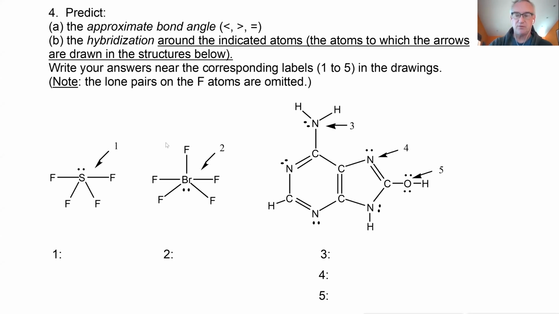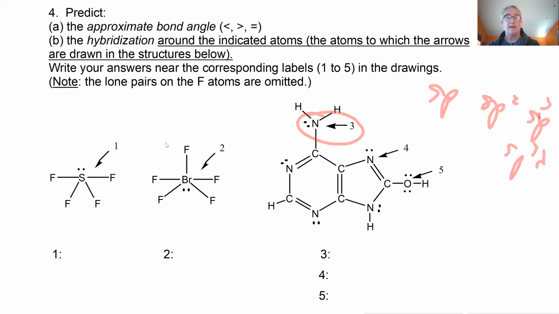I apologize profusely. So for each of these atoms with an arrow pointing next to it, what hybridization is it? sp, sp2, sp3, sp3d, whatever it needs to be. And then what's the approximate bond angle? Is it equal to ideal, more than ideal, or less than ideal? So the bond angle here would be the hydrogen, nitrogen, carbon angle.